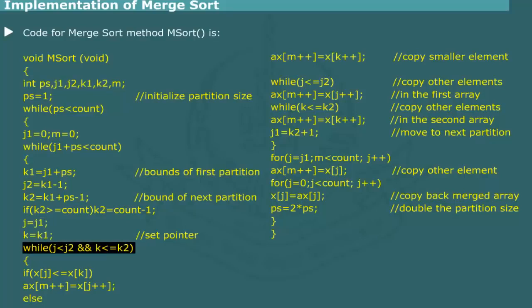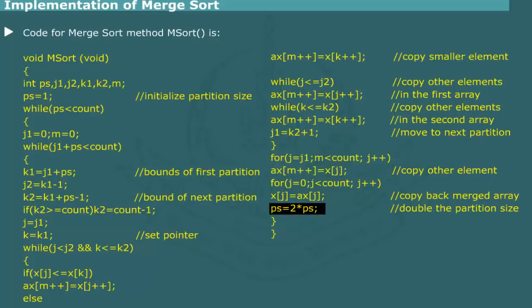A while loop checks that J remains less than or equal to J1 and K remains less than or equal to J2. The smaller of the elements in the subarrays is picked and copied to the auxiliary array. The variable m determines the number of elements copied into the auxiliary array. After either of the subarrays is exhausted, the remaining elements of the other subarray are copied to AX.